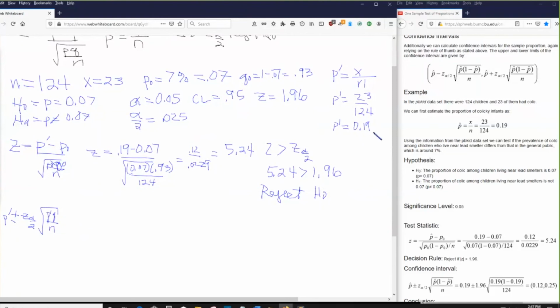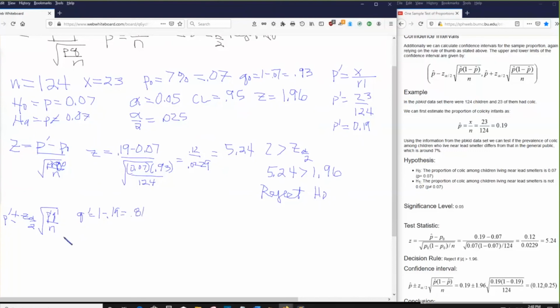So I've got P prime equals 0.19, which means my Q prime is going to be 1 minus 0.19, which equals 0.81.